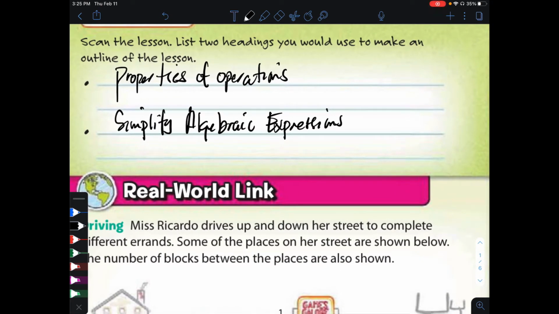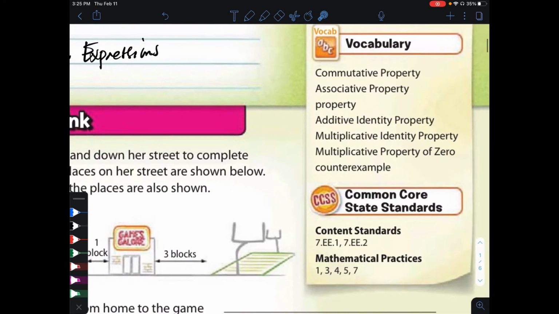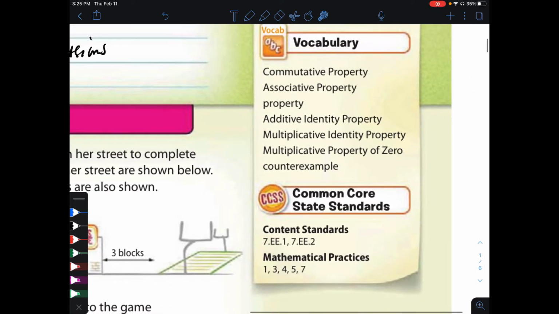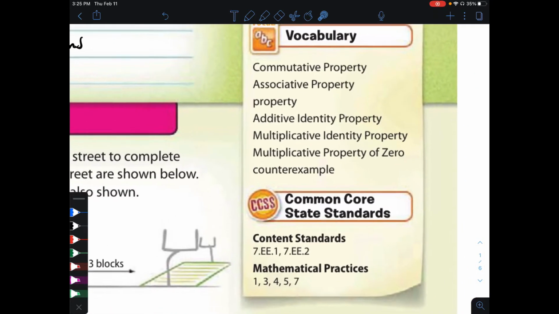learn in this lesson. First, we will learn the properties of operations, and we will learn to simplify algebraic expressions. Remember what algebraic expressions are when we go back to lesson number 1 of chapter 5.